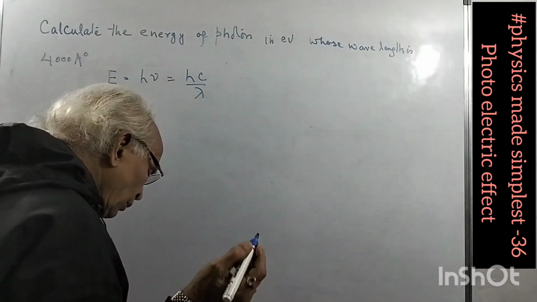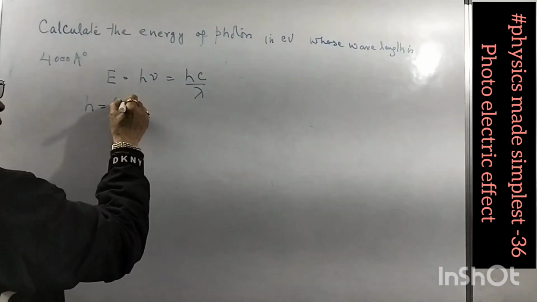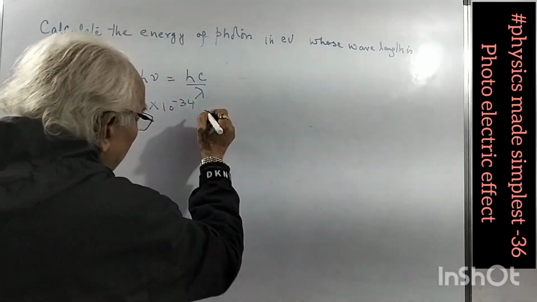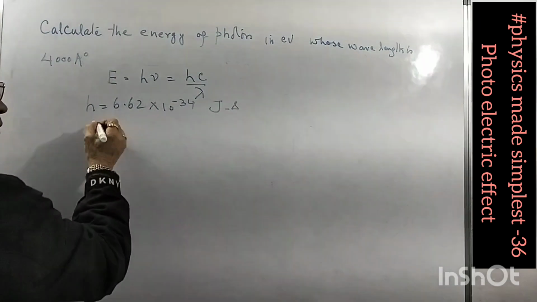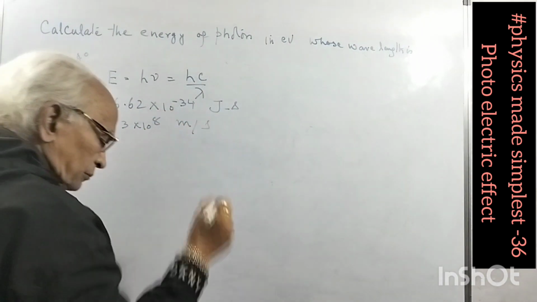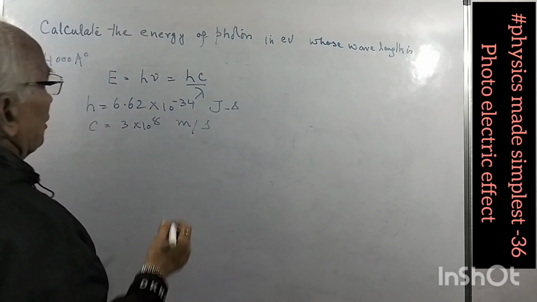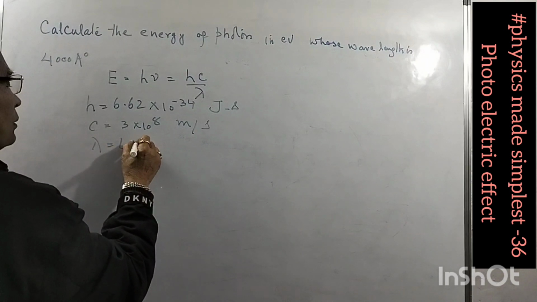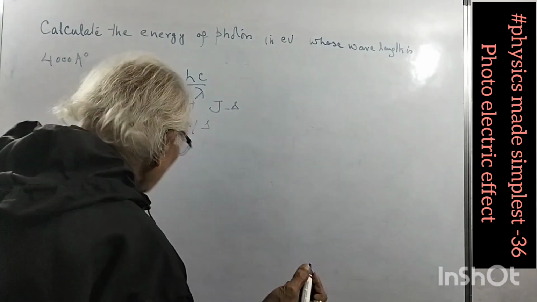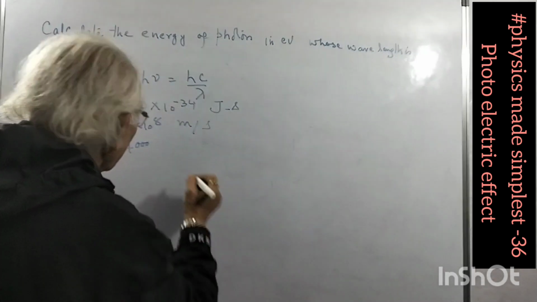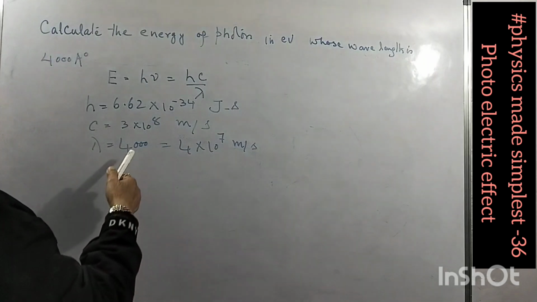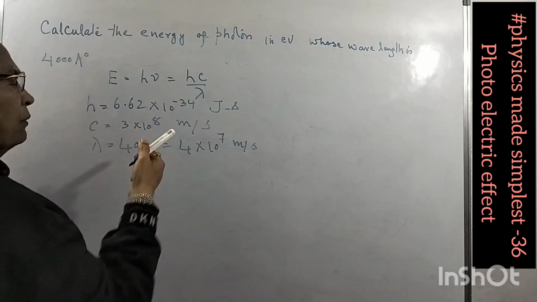We know h is equal to 6.62 into 10 to the power minus 34 joule second, and c, light velocity, is 3 into 10 to the power 8 meters per second. Lambda is 4000 angstrom.